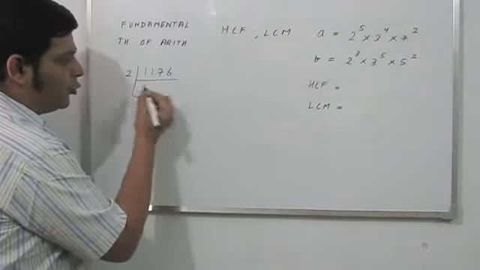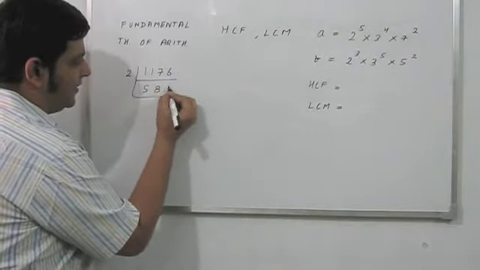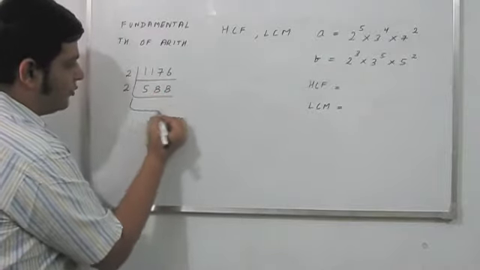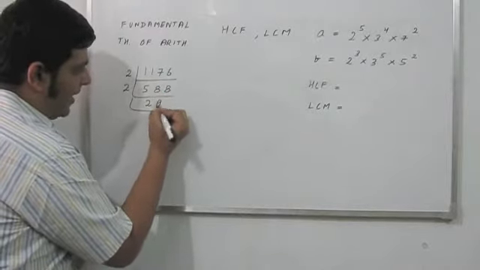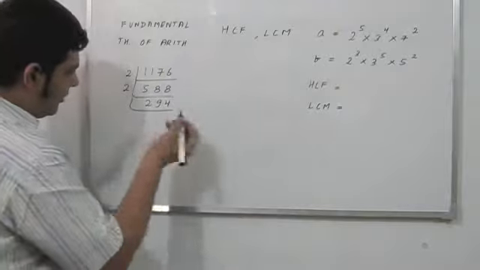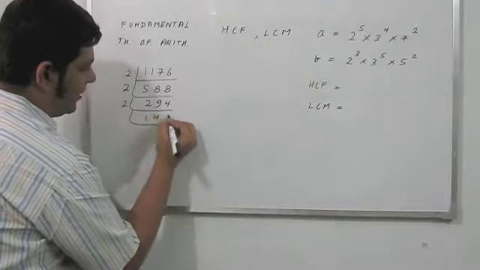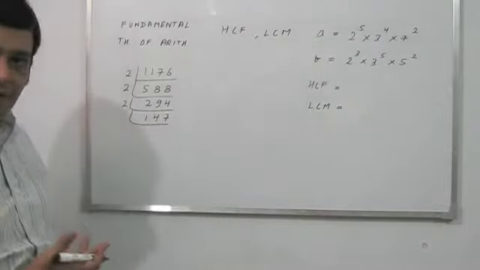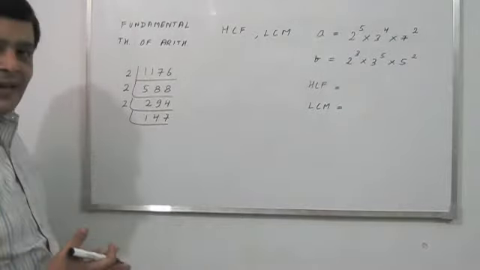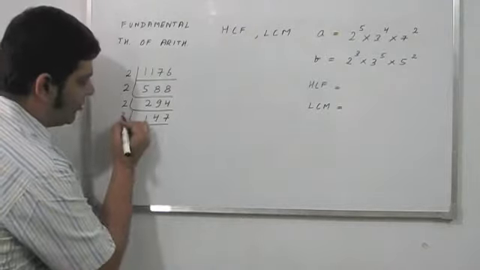It's divisible by 2, I think we get 588. Still divisible by 2, I get 294. Still divisible by 2, what do I get? 147. Now this is not divisible by 2, but I can look at it and say that it is divisible by 3.